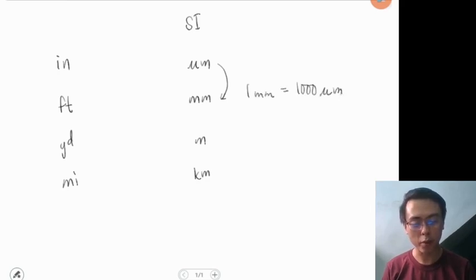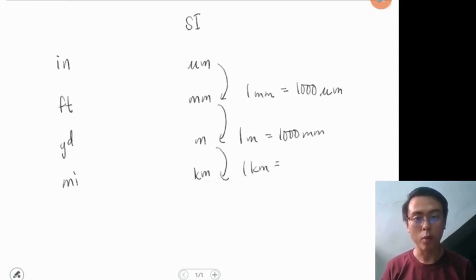If we move further, 1 meter is equal to 1,000 millimeters. And if we move further, 1 kilometer is equal to 1,000 meters. So it's very easy to understand and very easy to remember. We are moving by multiples of 1,000.